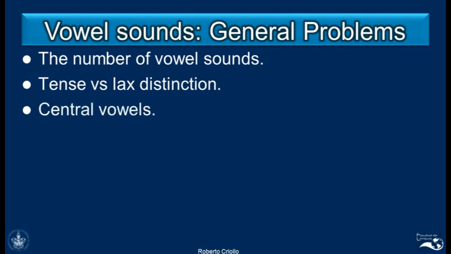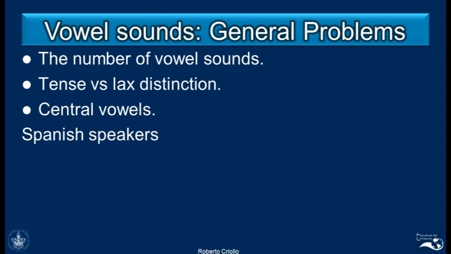Another element that is going to be difficult concerns the central vowels, because, since Spanish is a syllable-timed language, all of the syllables take the same time to be pronounced, and therefore there is no vowel reduction. In other words, there are no central vowels.